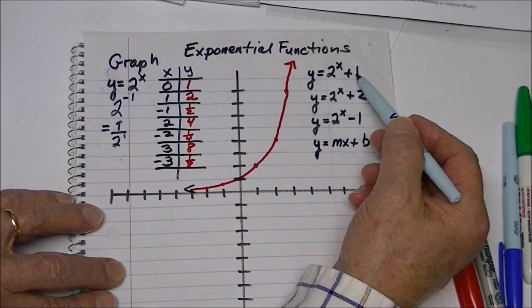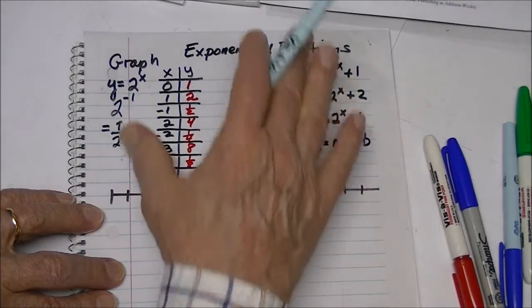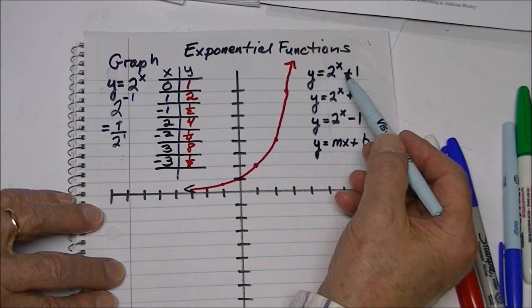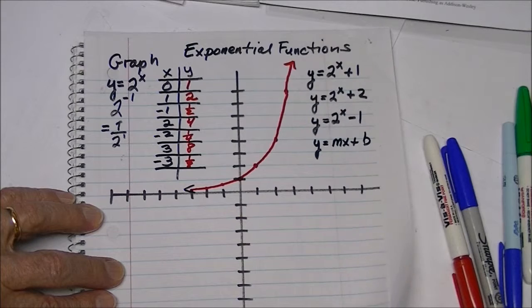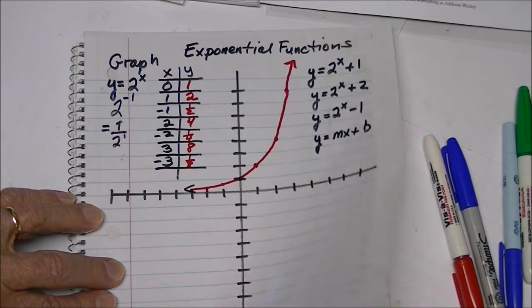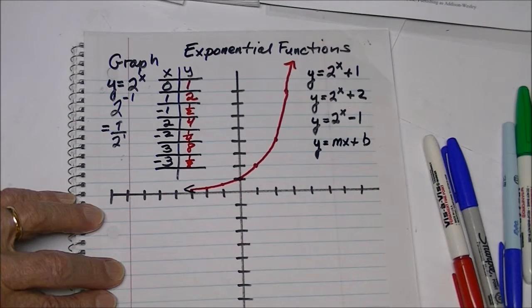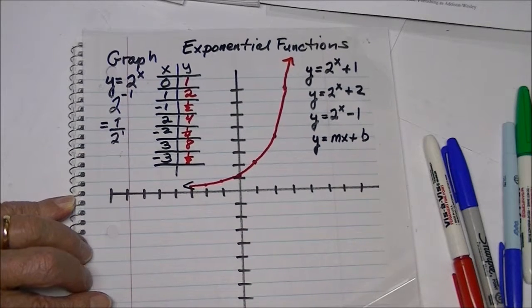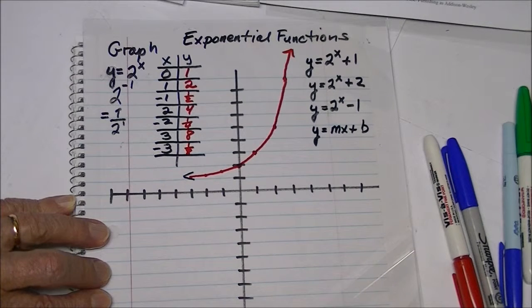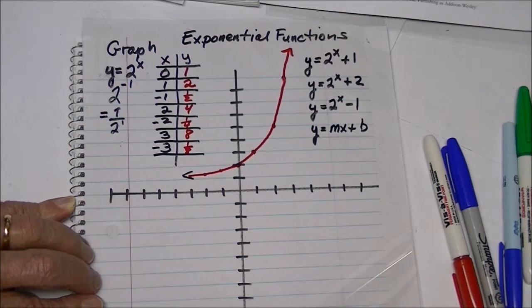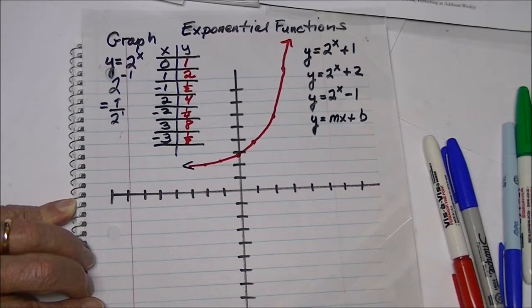So this is going to shift the graph. If it's a +1, it's going to shift it up 1 unit, and it looks like this. If it shifts it up 2 units, it looks like that.